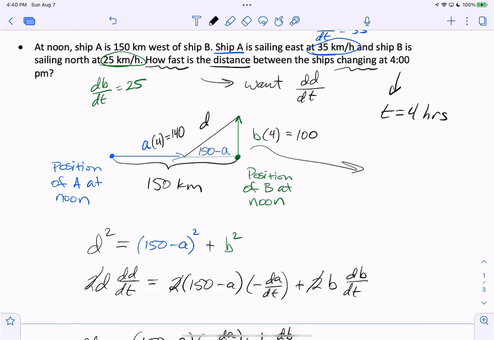I'm going to take this triangle and redraw it over here. I have one side that's 100 kilometers and another side that is 150 minus 140 kilometers, so 10. That means that D is equal to the square root of 10 squared plus 100 squared.